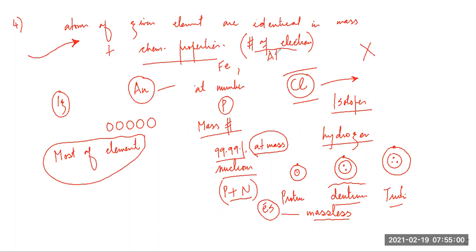But yes, there are heavy metals, uranium, plutonium, so their nucleons, this nuclear energy, also tells us how they will react, fission, fusion and all. Okay, so this is the fourth postulate of Dalton.